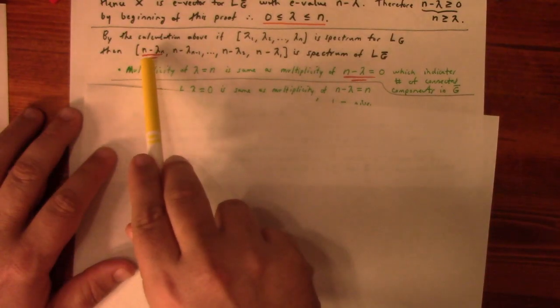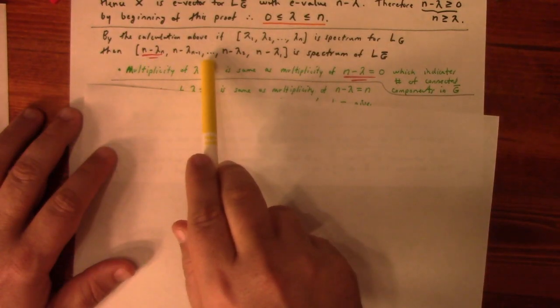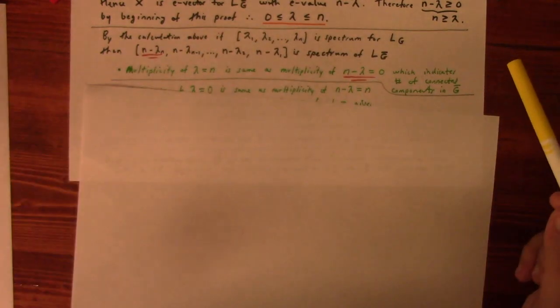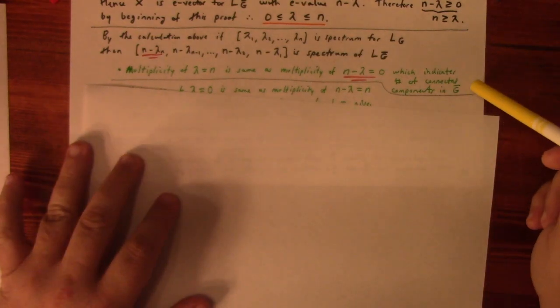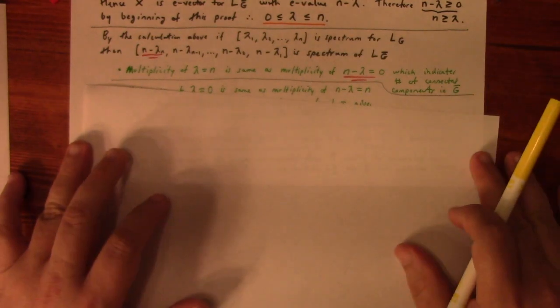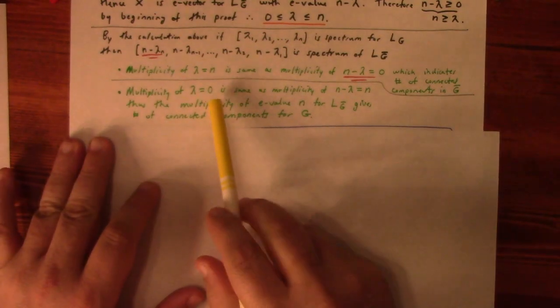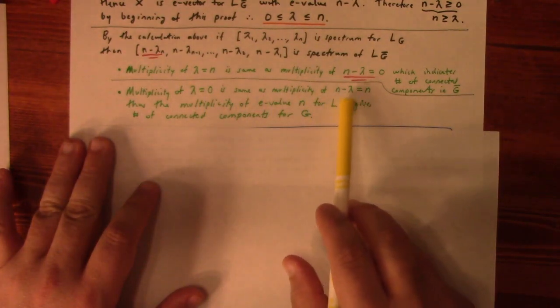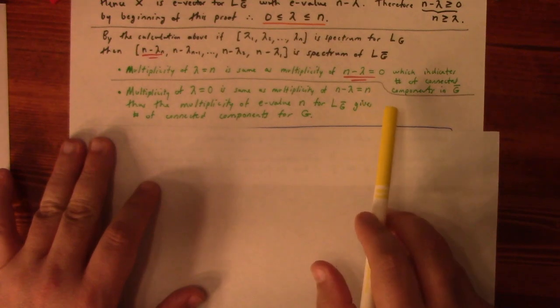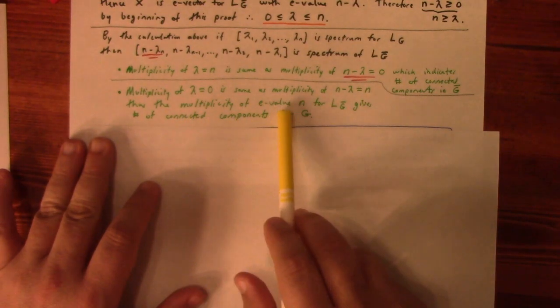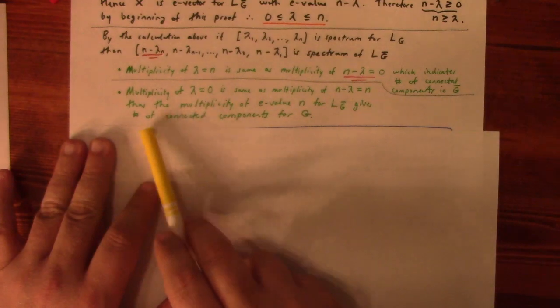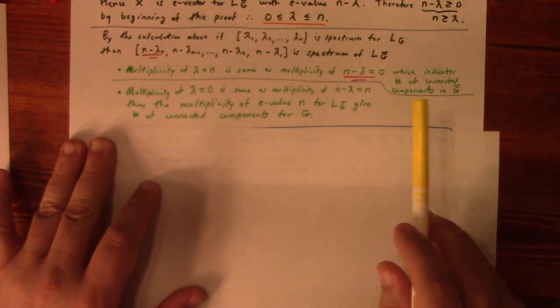And remember that the number of times 0 is repeated is the number of connected components in G bar. And the multiplicity of 0 is the same as the multiplicity of n. So thus the multiplicity of the eigenvalue n for the complementary graph gives the number of connected components for G.